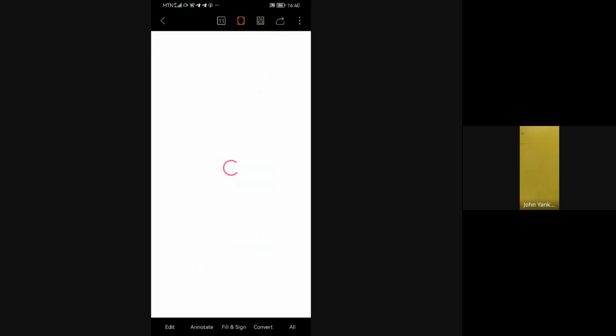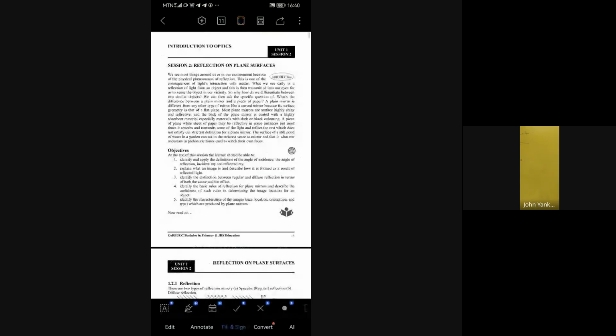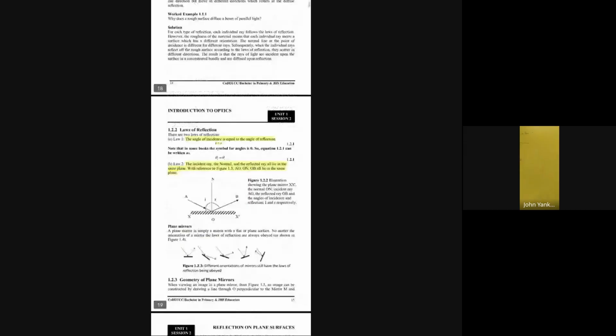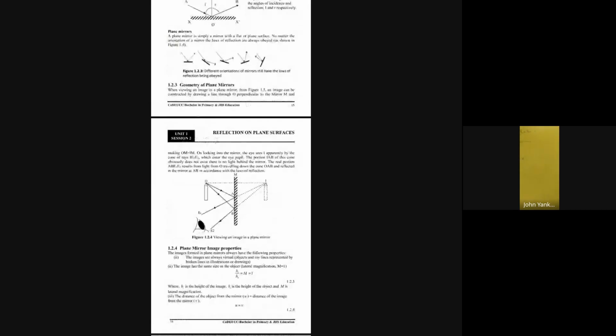Now, if you stand in front of a white piece of cloth or a white marker board or a white sheet of paper, this time you will not see your image as it appears in the case of a mirror, even though your body reflects part of the light towards the white sheet of paper, and the paper reflects it back to your eye.